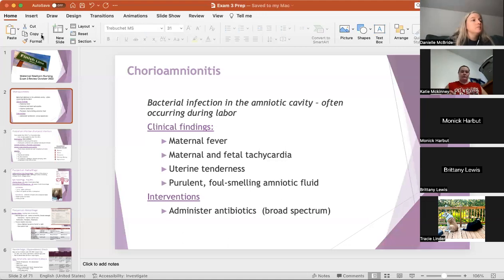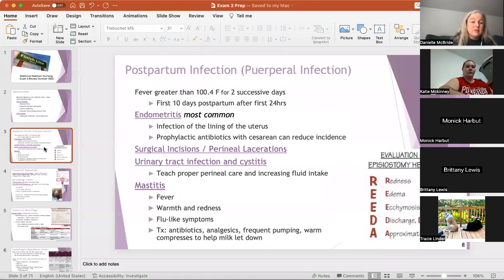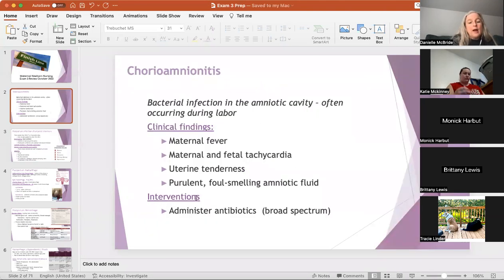How do we treat it? Antibiotics. Good. Well, we need to know the specific antibiotics that they use. It's usually a broad spectrum antibiotic. And what I see typically for this is a combination of 2 antibiotics.